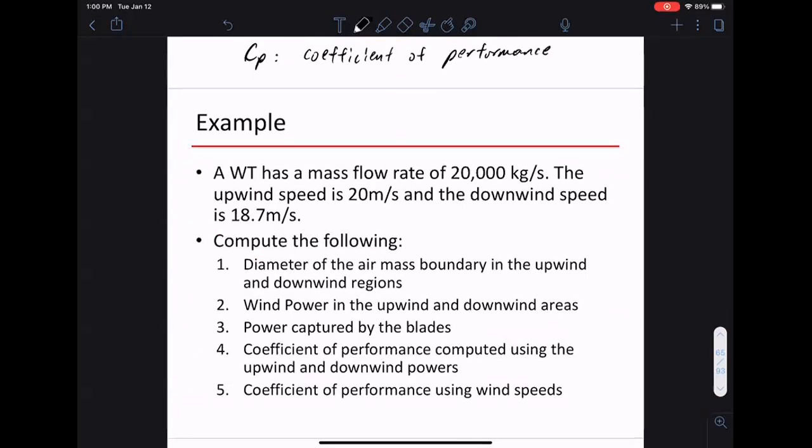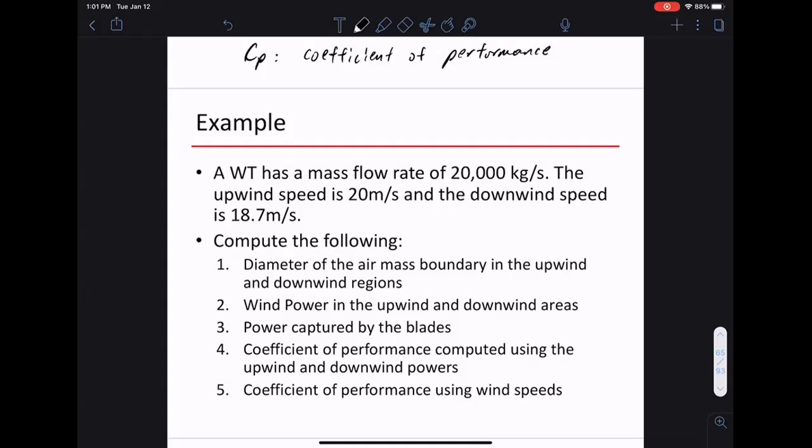We want to figure out how large the air mass envelope is, the wind power, the power captured by the blade, and we want to compute the coefficient of performance. These are quite standard problems you may see in this area.